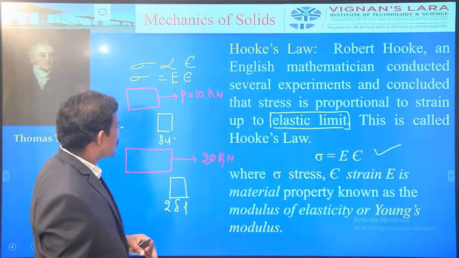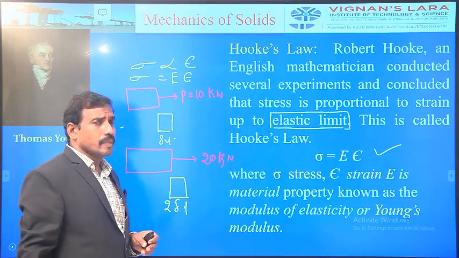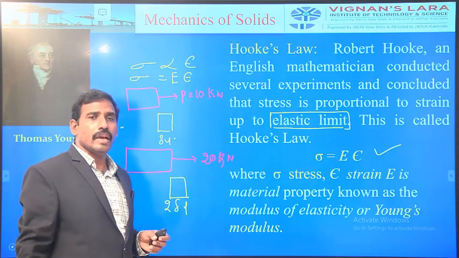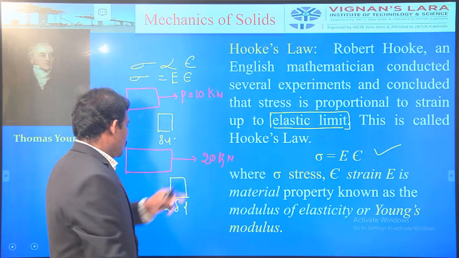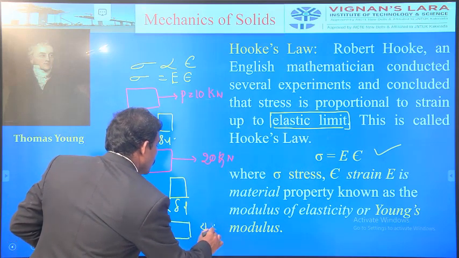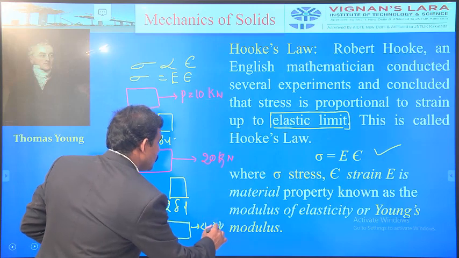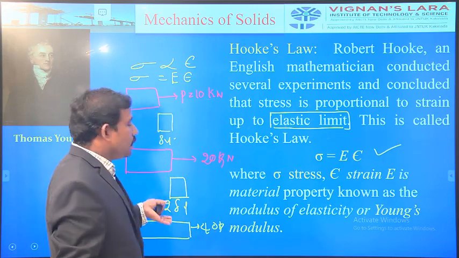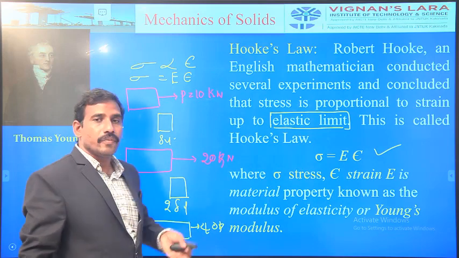For example, for better understanding, if you increase the load by a further 20 kilonewtons, the total load acting on a particular member becomes 40. If you apply 40 kilonewtons on the same structural member, of the same material, definitely we observe that the material fails.